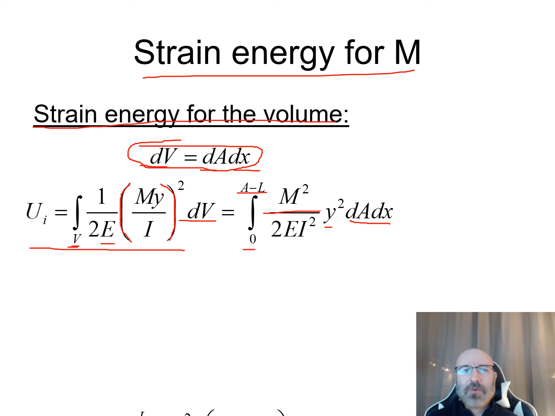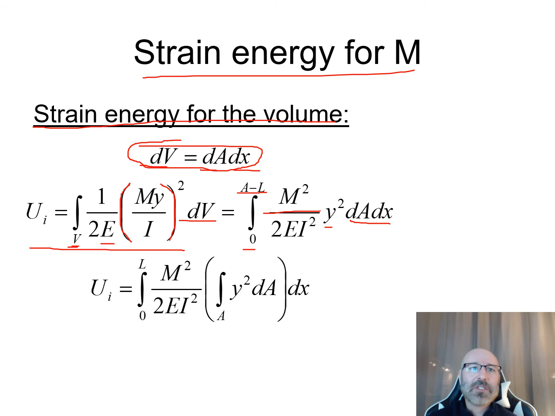So our strain energy is equal to the integral from 0 to L, over the length in our x direction, starting at 0 going out to a total distance L, of our M squared over our 2EI squared, times our second integral, the integral of y squared dA, and this is all dx.